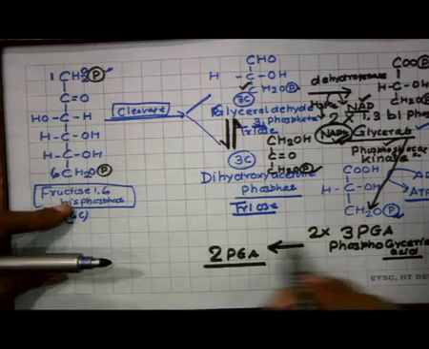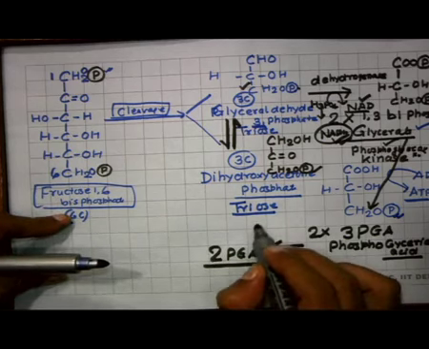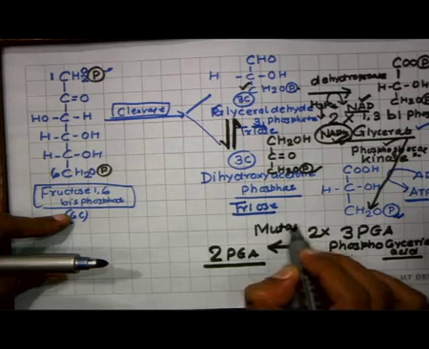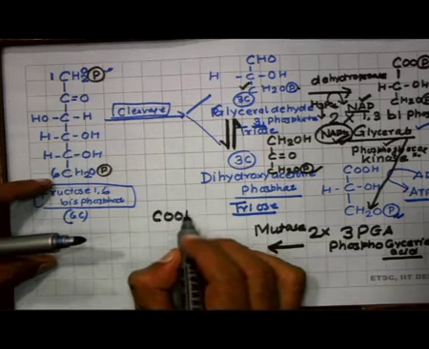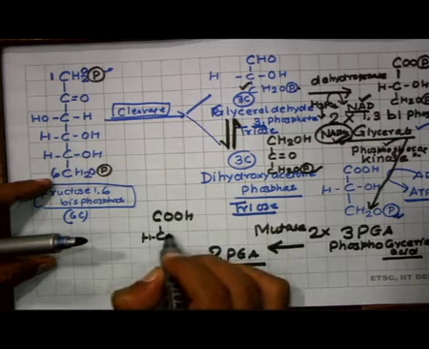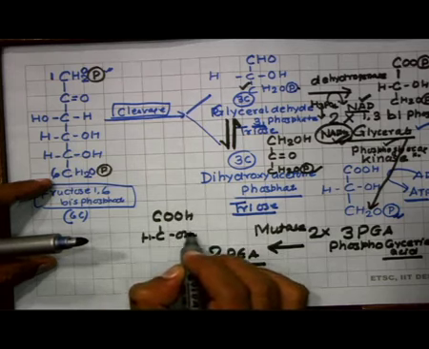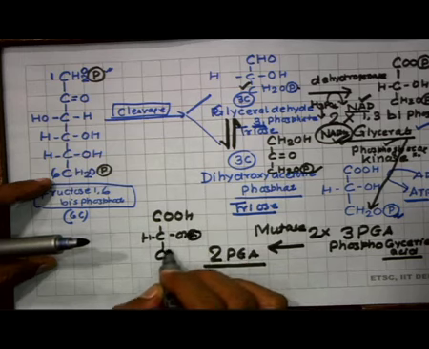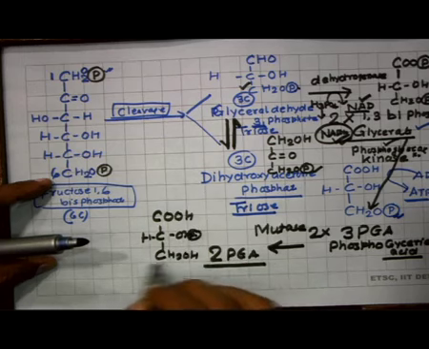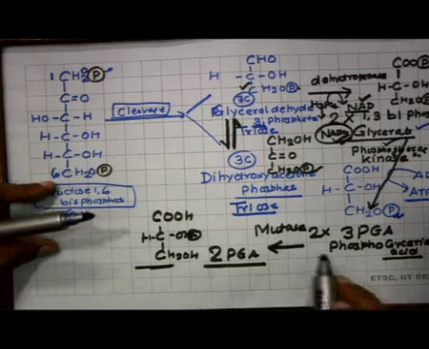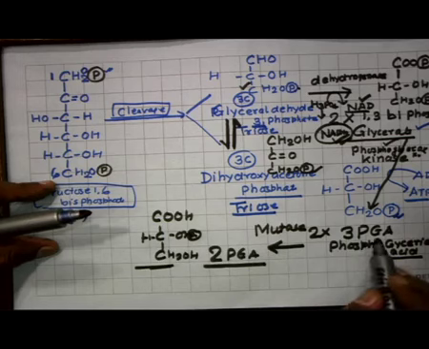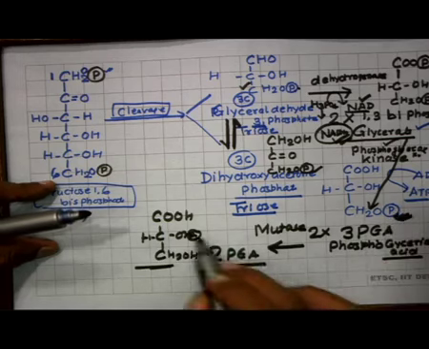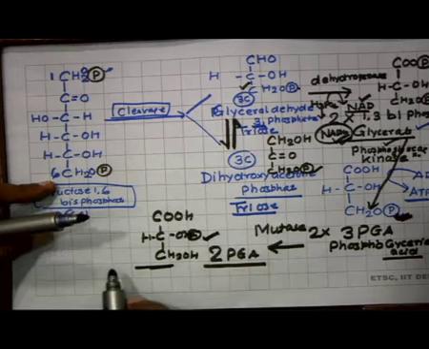It requires an enzyme called mutase, and this structure is COOH, CH2OH. The 2 PGA has the same structure as the 3 PGA, but the phosphate at the third carbon is now shifted to the second carbon.